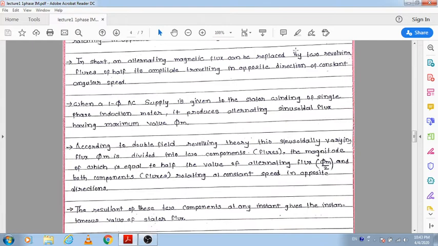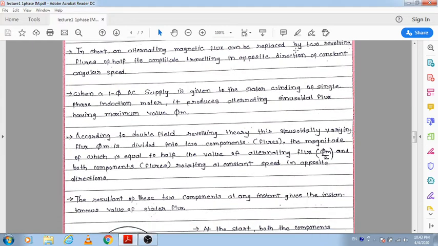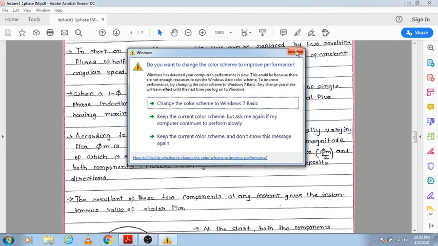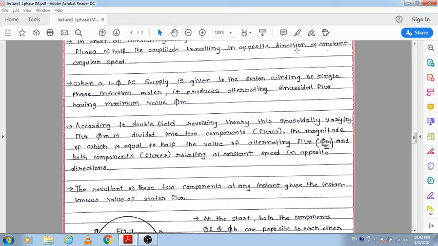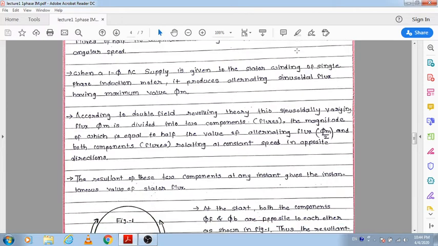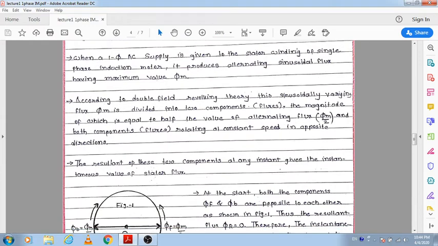According to this theory, the two fluxes are equal and in opposite directions. That means half of the flux is in the forward direction and half is in the reverse direction. That's why we have two fluxes. That's called the double revolving field theory.